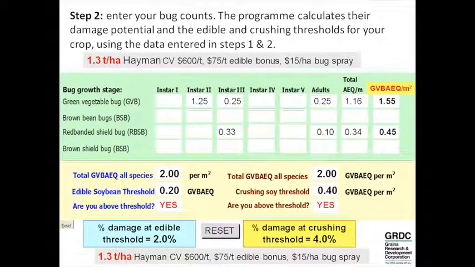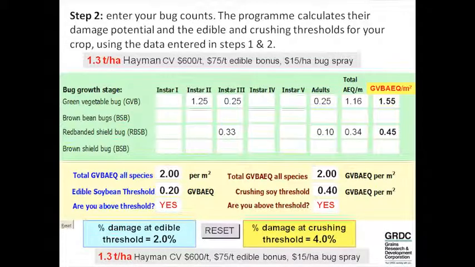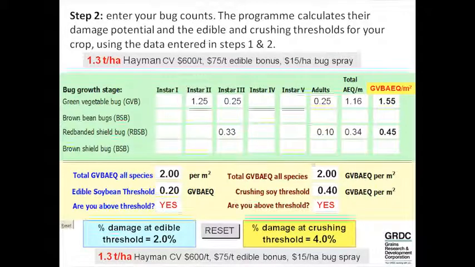And you can alter the parameters. If we had a 1.3 tonne a hectare crop, the threshold for the crushing soybeans is 0.4, and we're tolerating a bit more damage, 4% damage. So people happy with that?